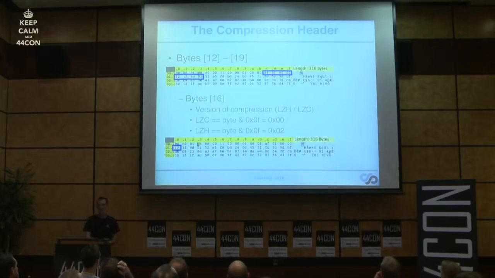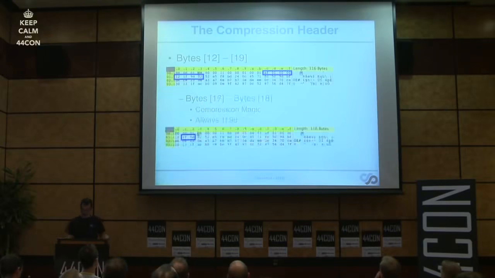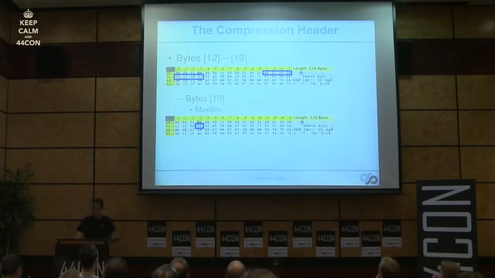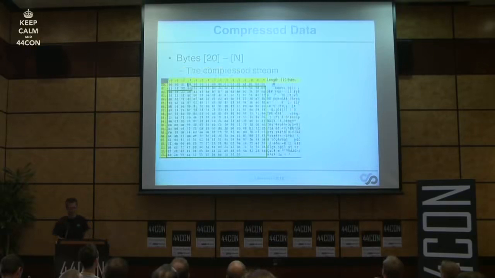The next byte indicates the variant of compression that's going to be used in SAP. The next two bytes are always going to be 1F9D. That is the magic which we use to identify these compressed packets. And then we've got the max bits. Finally, you've got the decompressed stream, which is all the data that we're going to decompress and tamper with a little later.